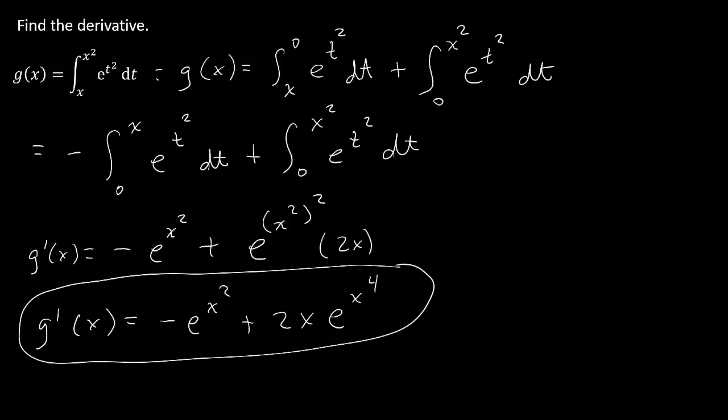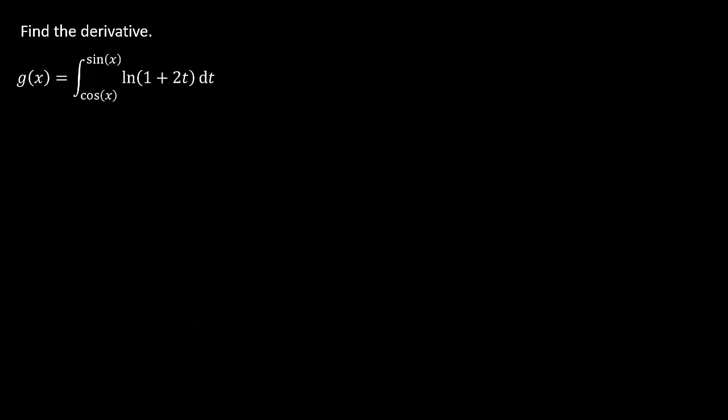All right, last one. So let's see what we've got. Once again, on this one, we can see that this is going to be the same as the last problem. So let's split it up.